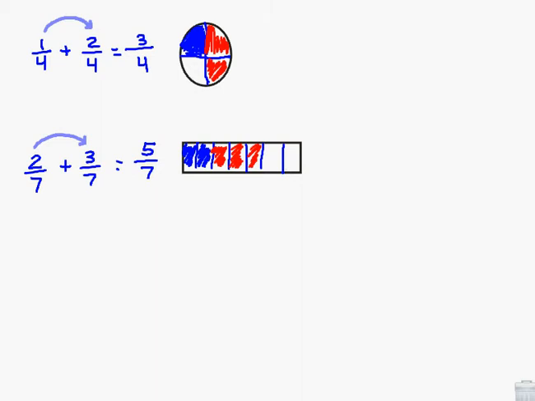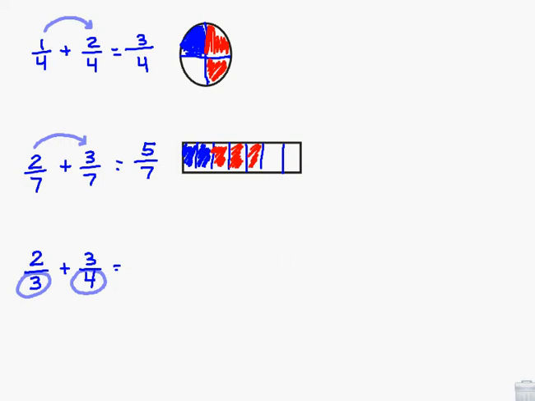It gets a little tricky though when we're adding fractions that don't have common denominators. So for instance, if we were adding 2/3 plus 3/4, now it's challenging because we don't have common denominators. There's a 3 here and a 4 here.